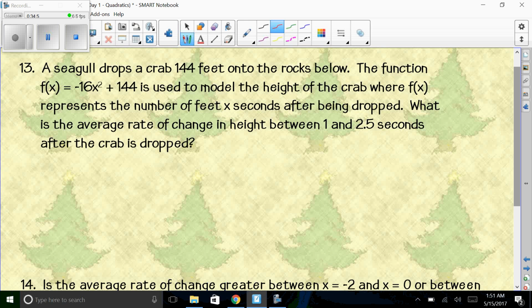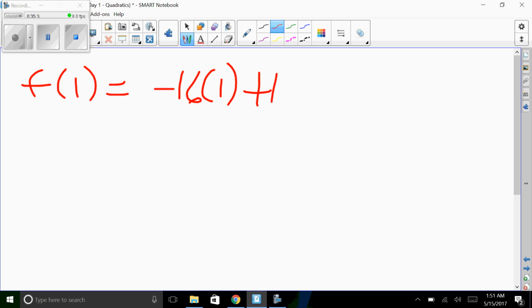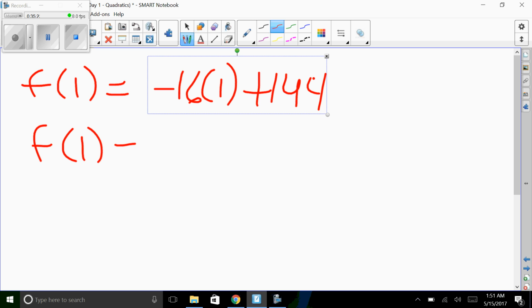So first, I'm going to start a new page here. Alright, so f of 1 equals negative 16 times 1 squared plus 144. So that gives me 128, if you put that in the calculator.